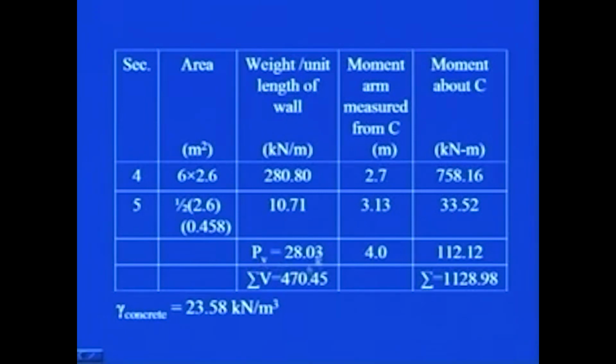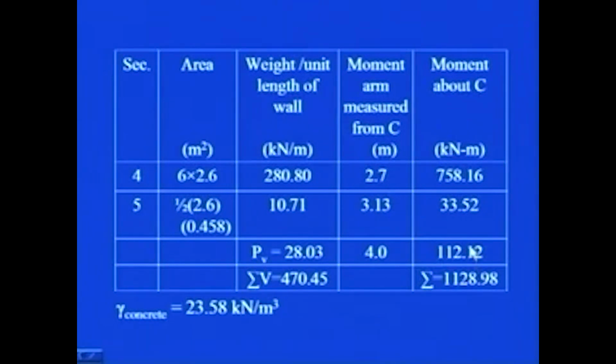You simply add all the values, that is the value of weight of wall per unit length of the wall for section 1, 2, 3, 4 and 5, and then this particular PV, and you get 470.45 kilonewton per meter as the total vertical force which is acting on the wall due to the weight of wall, due to the weight of soil which is lying above the heel, and due to the vertical component of active force.